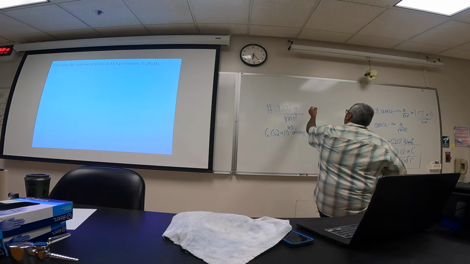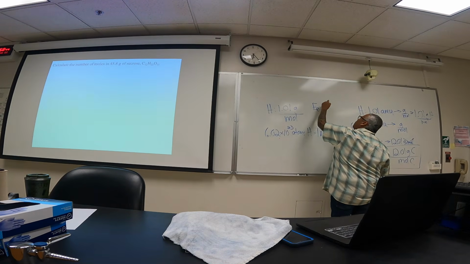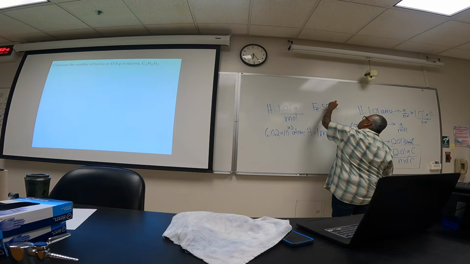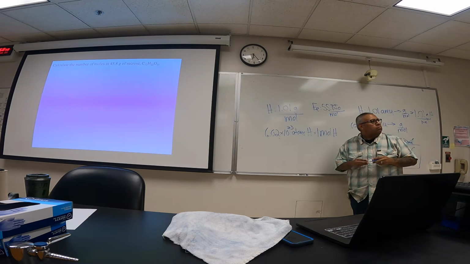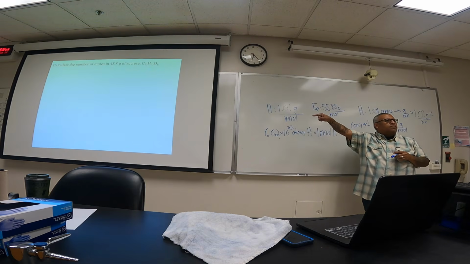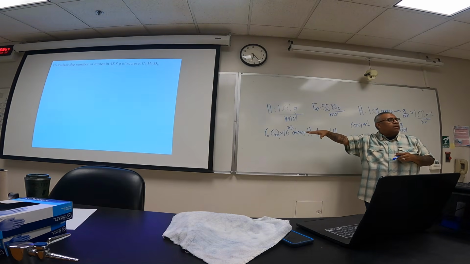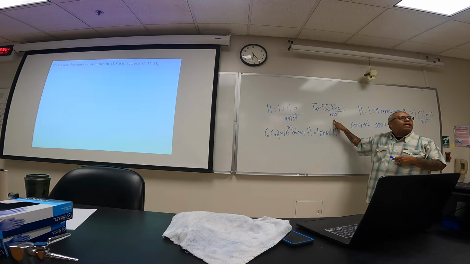Iron, if we remember, iron was 55.85 grams per mole. If we weighed out 55.85 on the scale, that's how many grams we would have for 1 mole of iron.